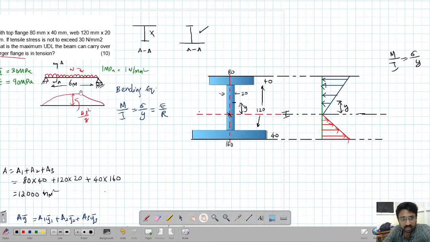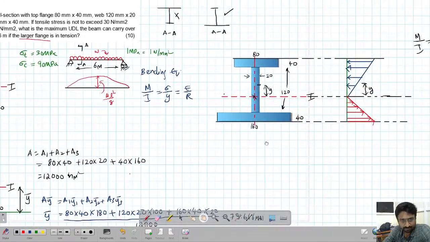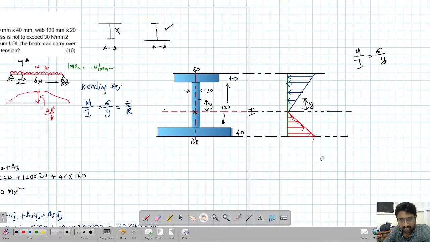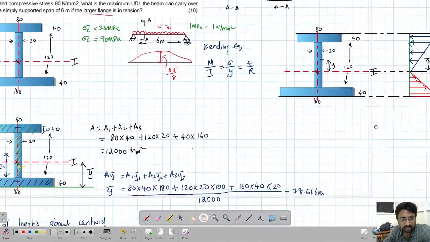Given section in the sense we are finding at the center, so at the center the moment is a constant value, that is wL square by 8. I is constant for the section. Then depending upon y, we will get different values of sigma. Maximum compression will happen at this distance. For compression this will be the y, and for tension this will be the y. So y for tension is equal to, as we have already found, 78.67.